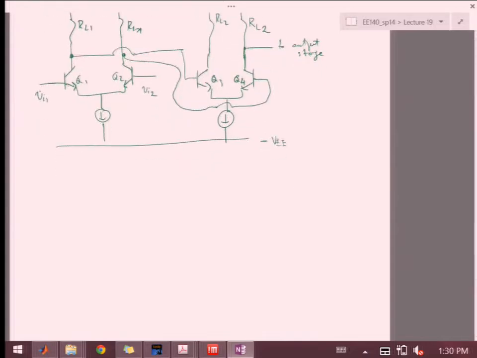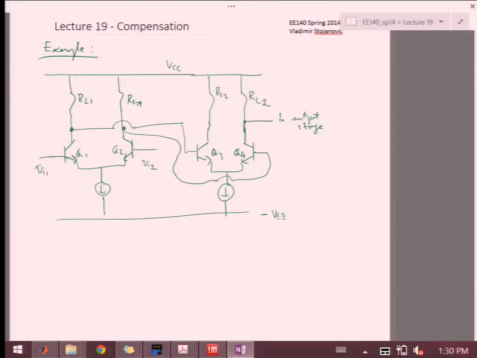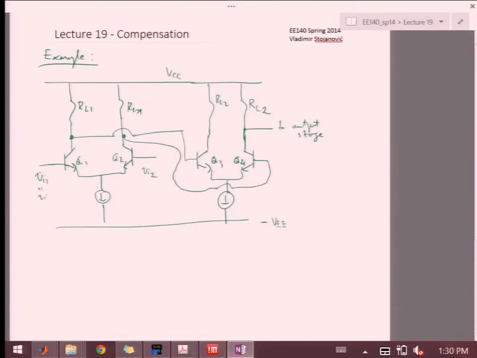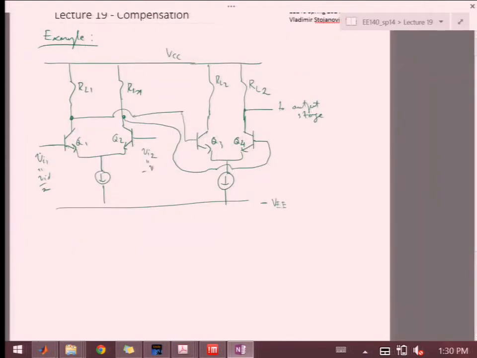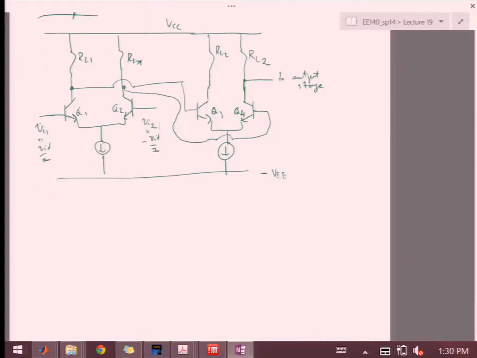So if you want to analyze this circuit, what's happening in the differential gain mode, then VI1 will be VID over 2, VI2 will be minus VID over 2. And then we can do a half circuit differentially.